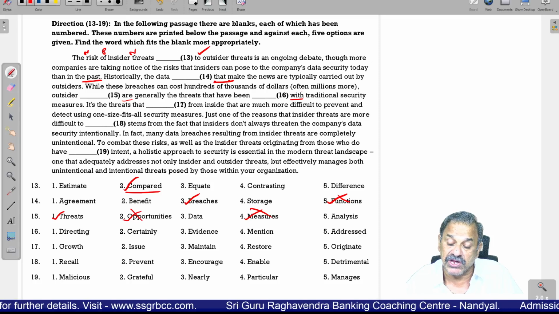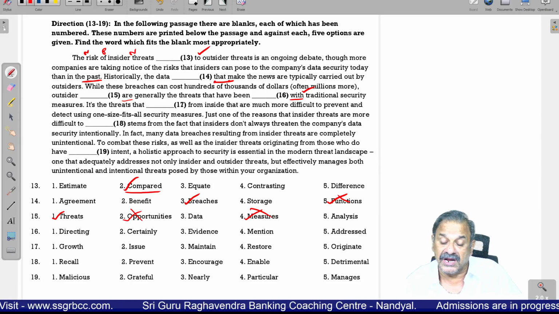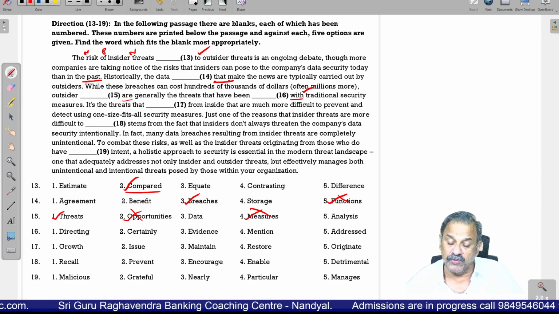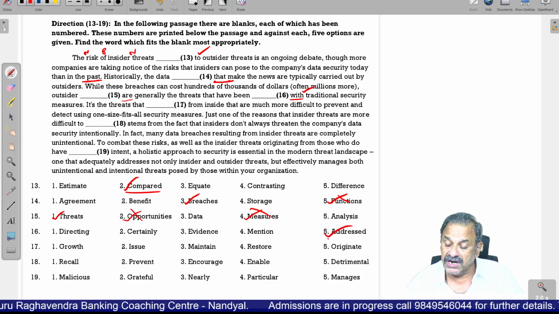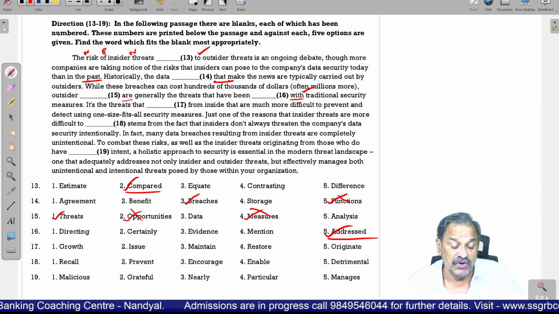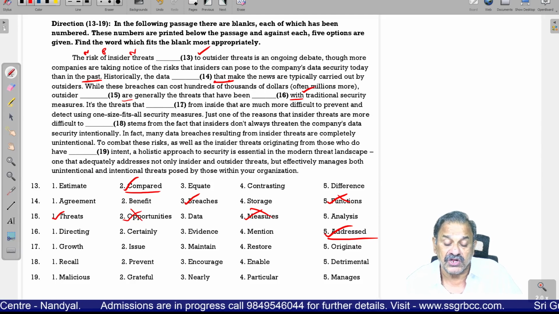Here the preposition with is going to take the correct word. Have been dash. Generally after has, have, had, we have to use the third form of the verb. Here directing, certainly, evidence, mention. Definitely we have to use addressed. Addressed with traditional security, detect using one size fits all security measures.